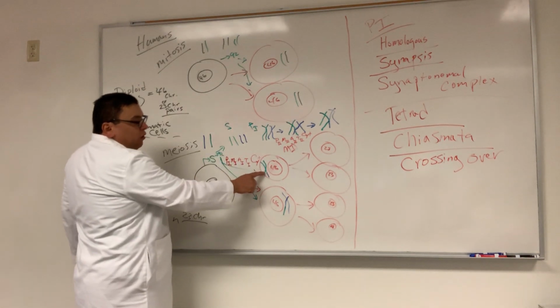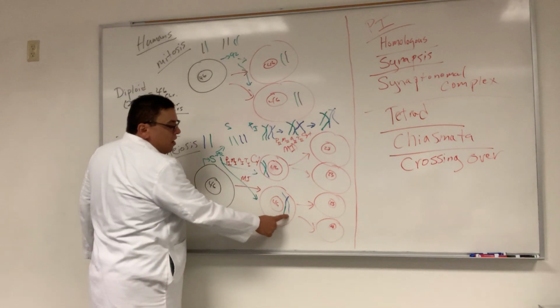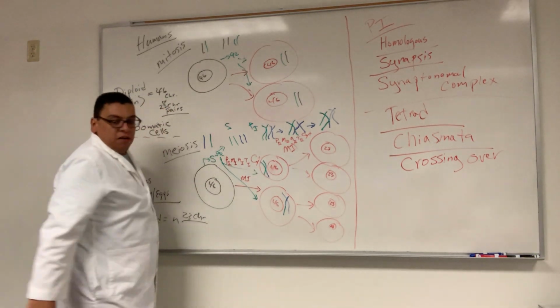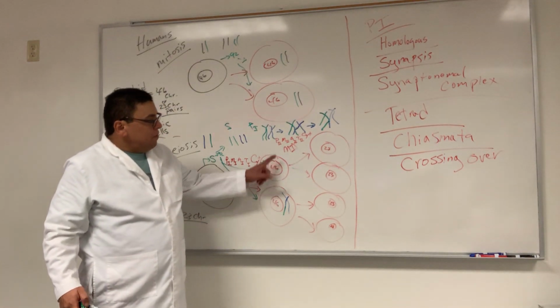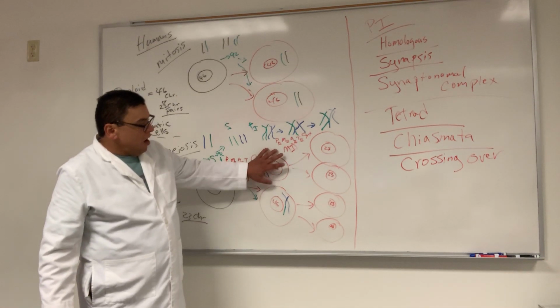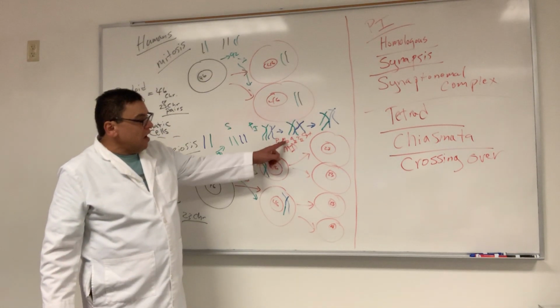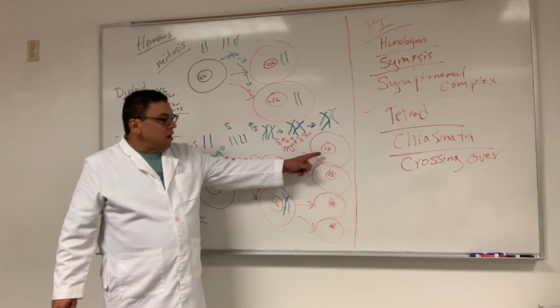One of them has a full green one, mostly green, partly blue. Full blue one, mostly blue, partly green. And then these are the guys that are going to be lining up in metaphase 2. These homologous chromosomes inside this cell are going to be lining up in metaphase 2. And then they're going to separate in anaphase 2.